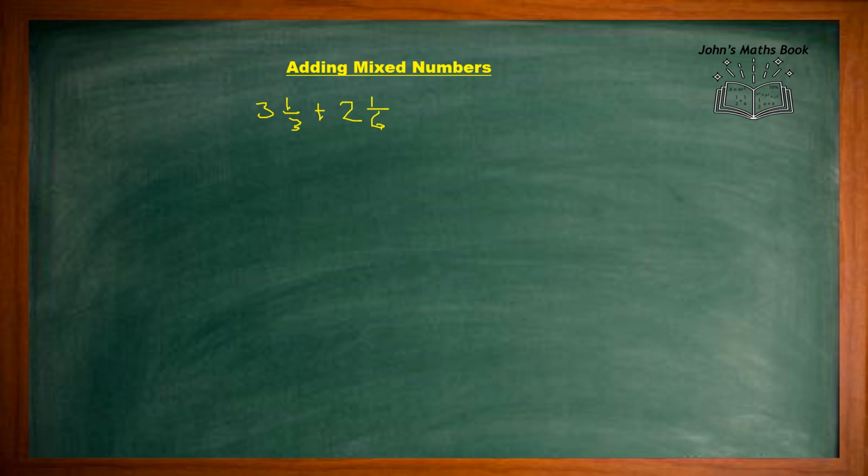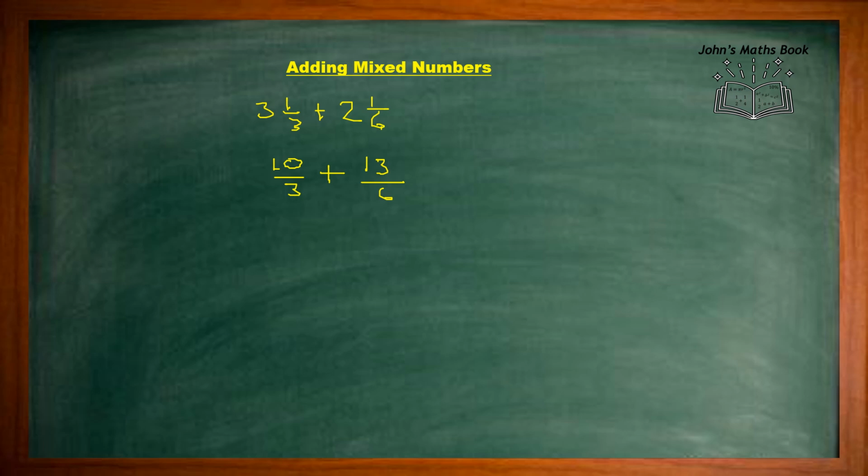So for 3 1/3, it's 3 times 3 is 9, plus 1 is 10, divided by 3. And then for 2 1/6, it's 2 times 6, which is 12, plus 1 is 13, divided by 6.